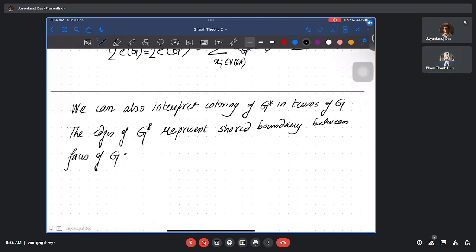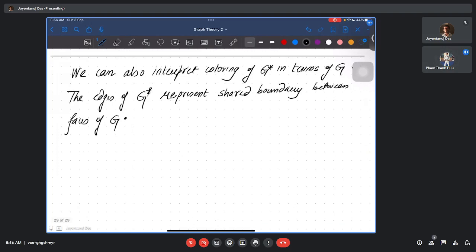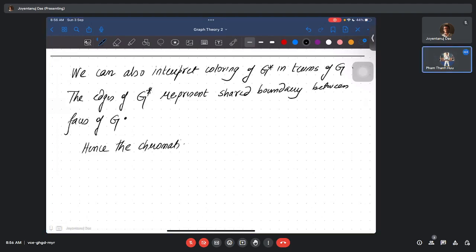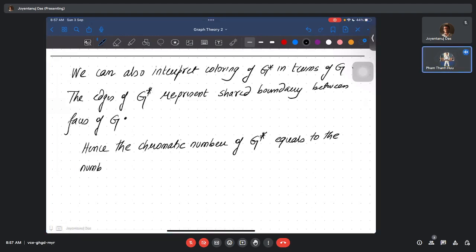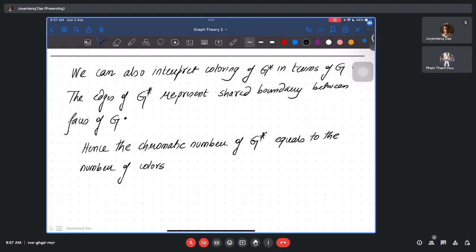Hence the chromatic number of G star, the dual graph, will be equal to the number of colors needed to properly color the faces of the graph, right?